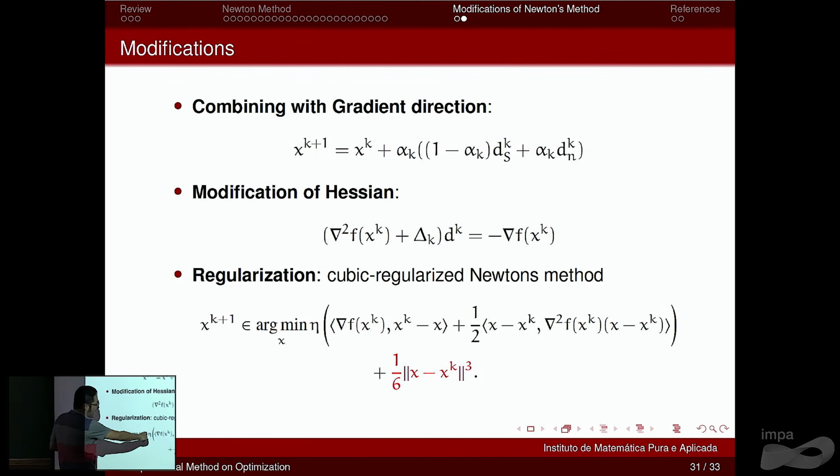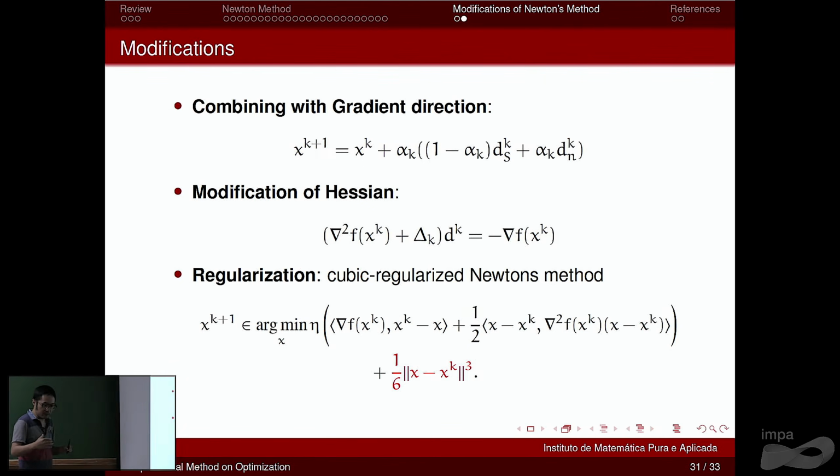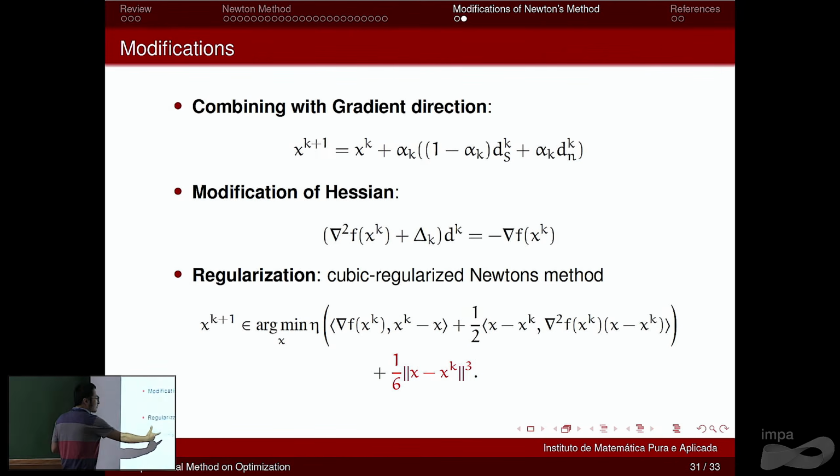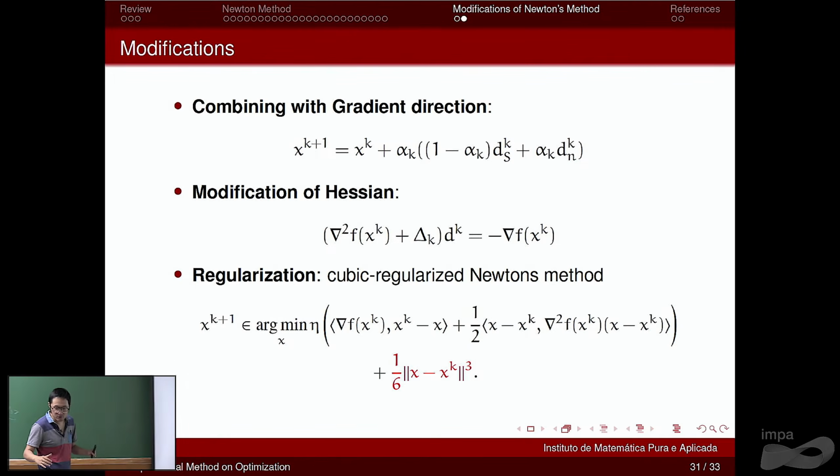Of course, we do not have the f(x_k) here, but it doesn't make any difference for these minimization problems. But the pure Newton method without this cubic regularization has very strong assumptions for global convergence. It can be used only for a very restricted class of functions. But with this kind of cubic regularization, the method can be generalized to much more general functions, okay? So this is another way to improve the Newton method.